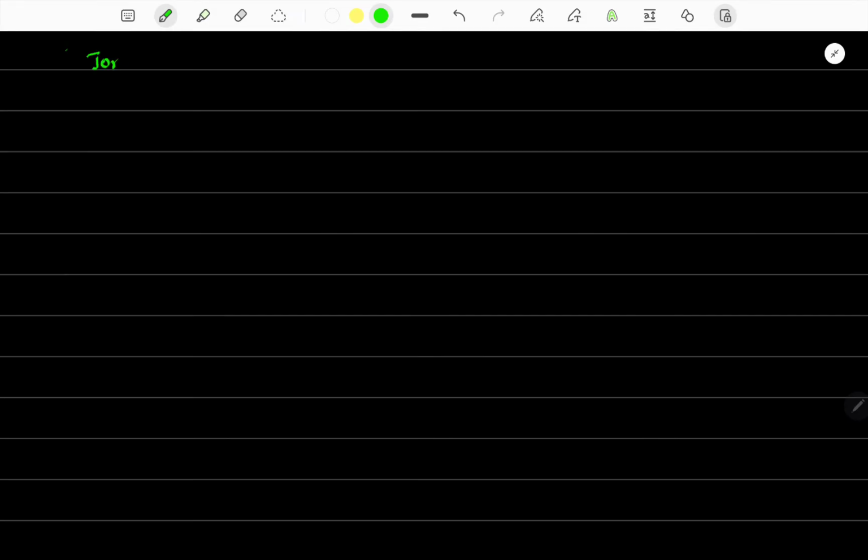Jones reagent. Suppose with Jones reagent we are considering a primary alcohol which is benzylic or allylic. The answer is aldehyde.